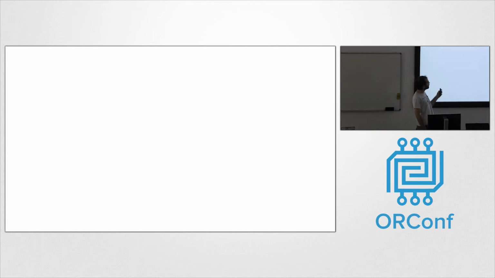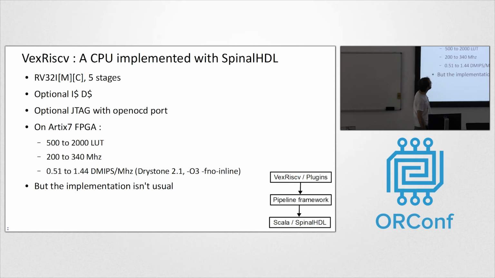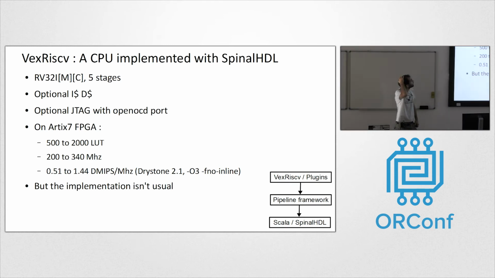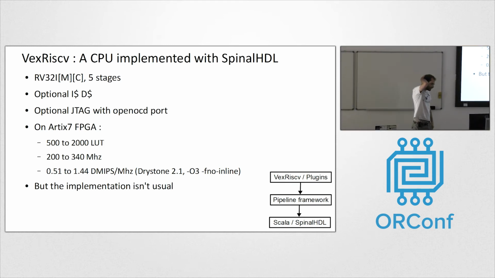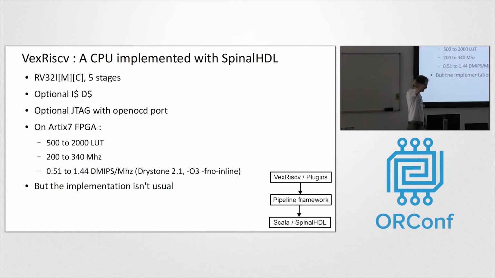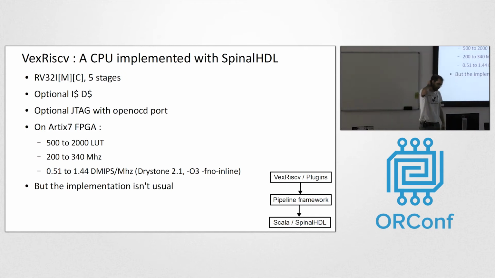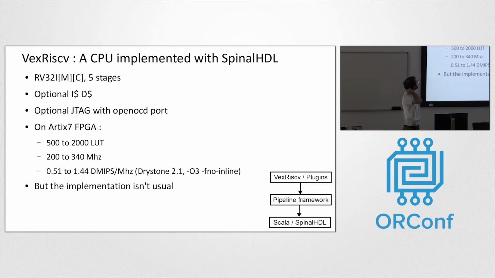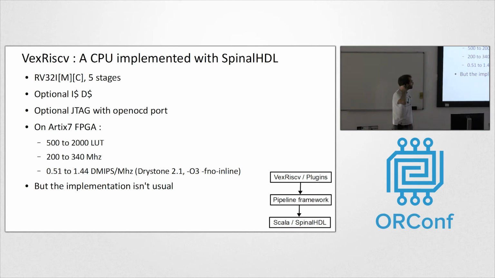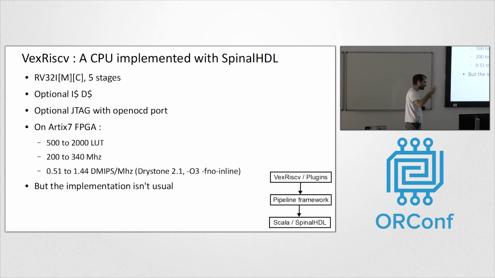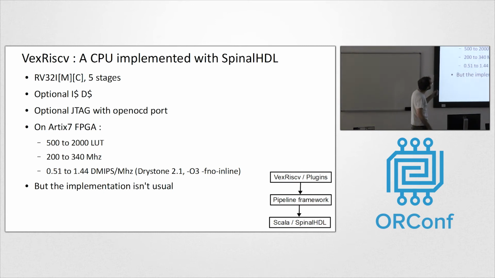Okay, now the second part: VexRiscV. This is our open source CPU, which was implemented with a lot of love. It mainly targets FPGAs. It's a 5-stage, RISC-V 32-bit CPU with optional multiplication, optional compressed instruction support, optional instruction cache, data cache, and optional JTAG.